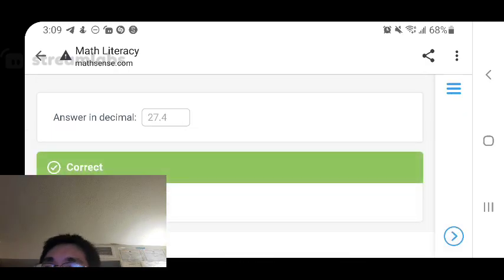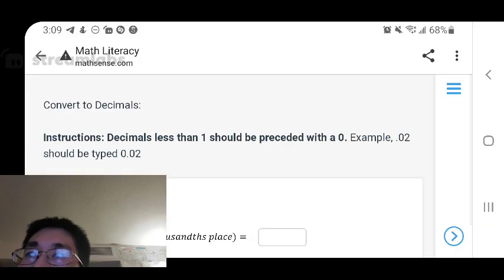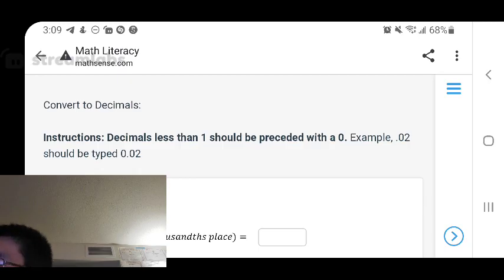Since it's the same ratio, you don't do anything to 27.4. Alright, decimals less than 1 should be less than 0. Makes no sense. Decimals less than 1. Okay.